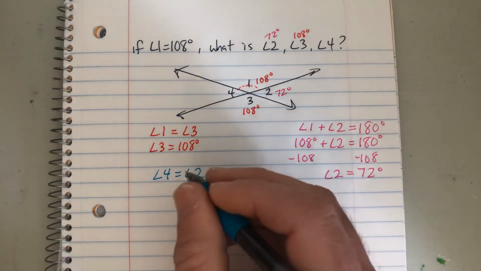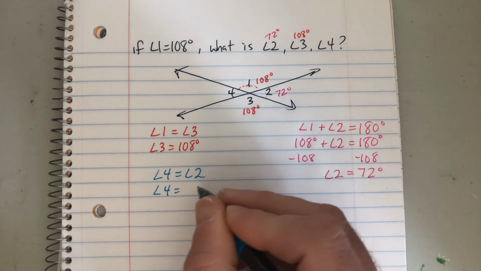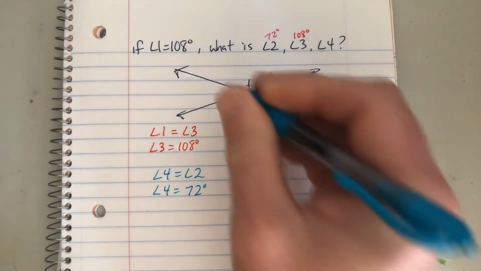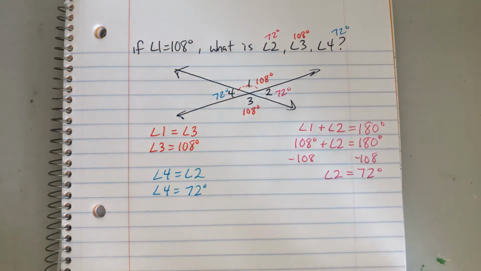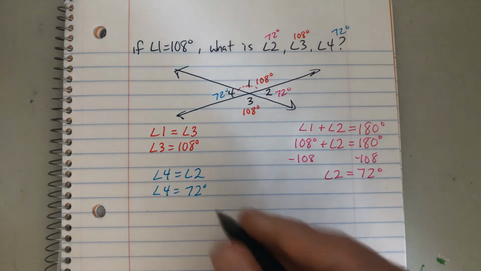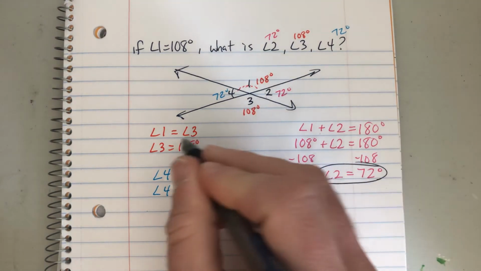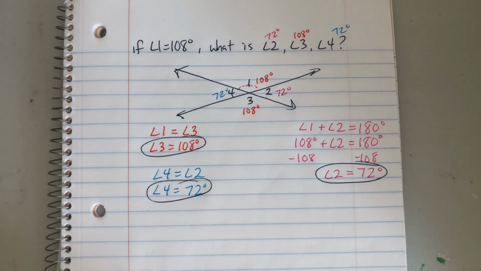We've already found that angle 2 is equal to 72, therefore, angle 4 is equal to 72 as well. So we have angle 1 was 108, angle 2 was 72, angle 3 was 108, angle 4 was 72. Okay?